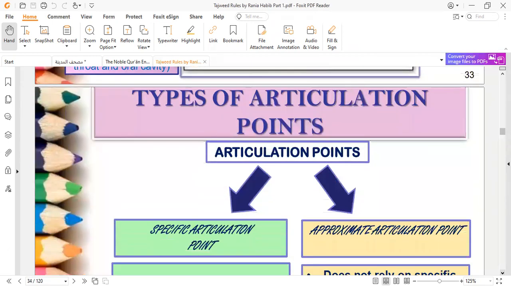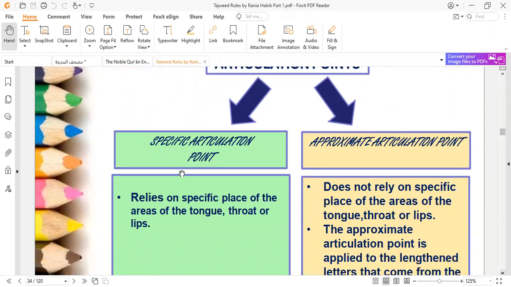We have 2 kinds of articulation points. The first type is a specific articulation point. We have a specific point that we know we are articulating the letter from. These articulation points rely on a specific place of the areas of the tongue, throat, or lips.